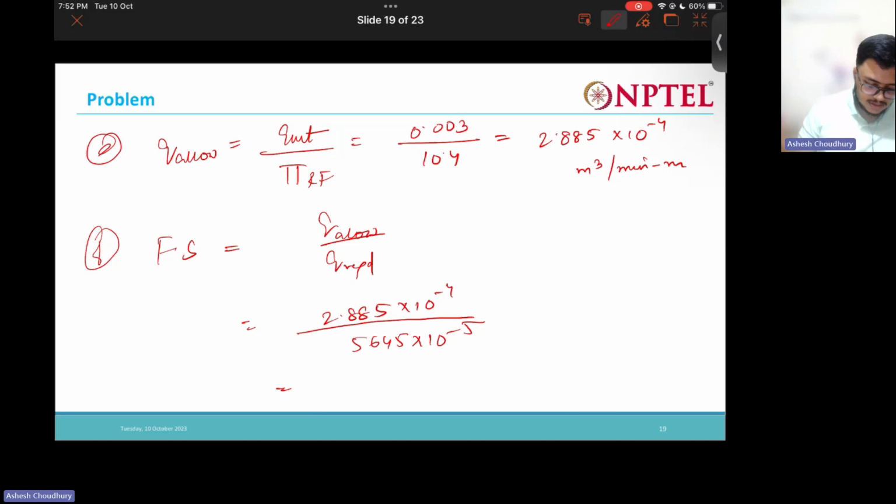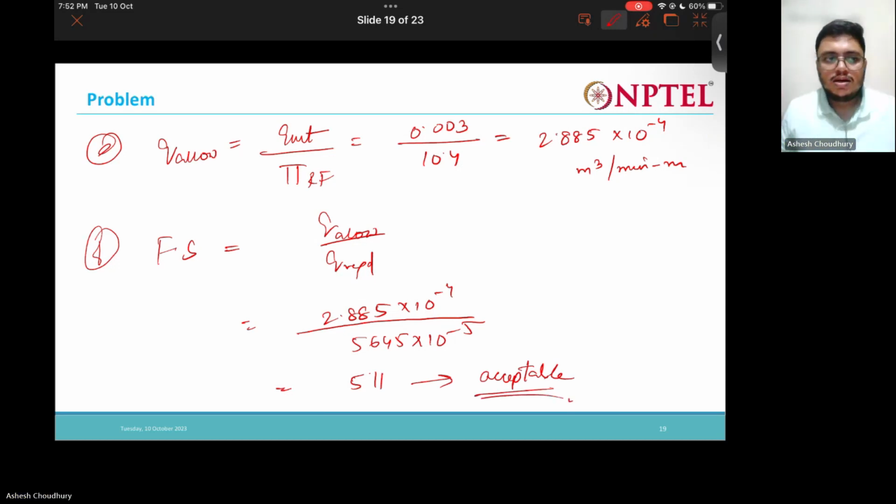So the factor of safety comes out as 2.889, which is greater than the required, so the given geonet will be able to properly drain out the leachate.